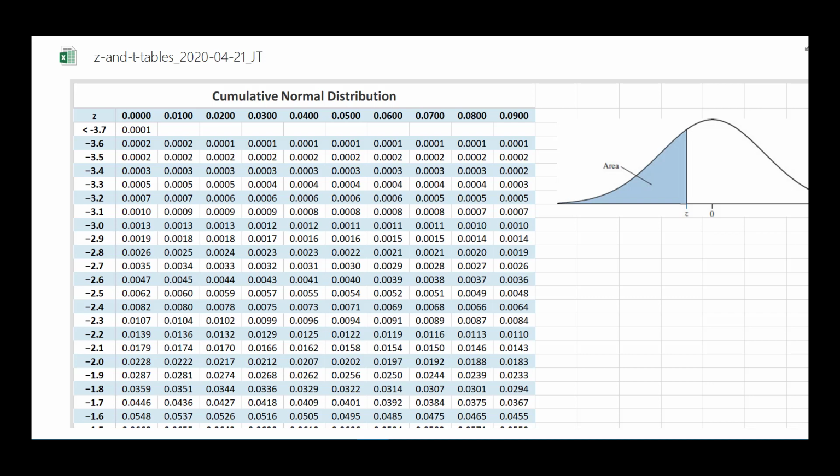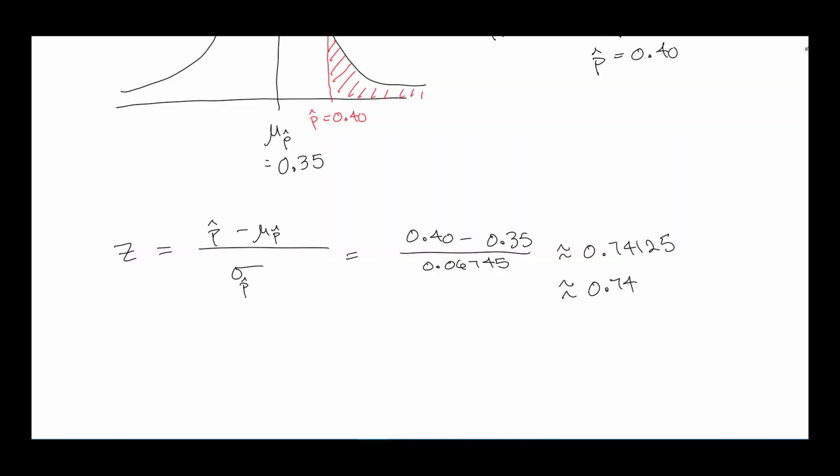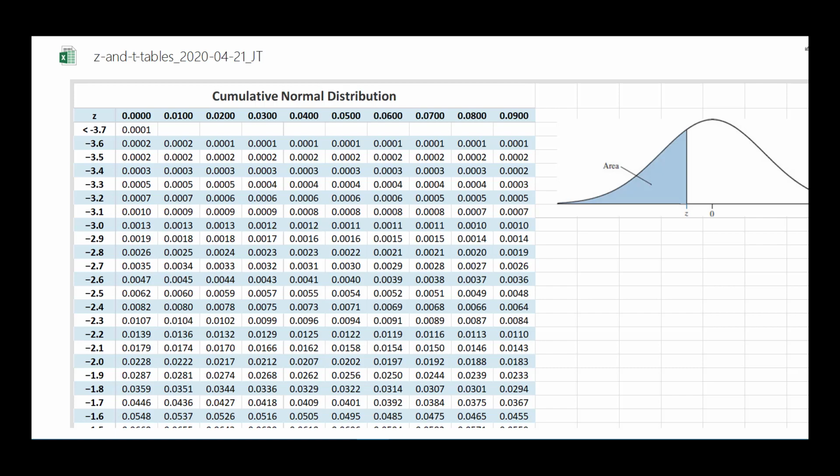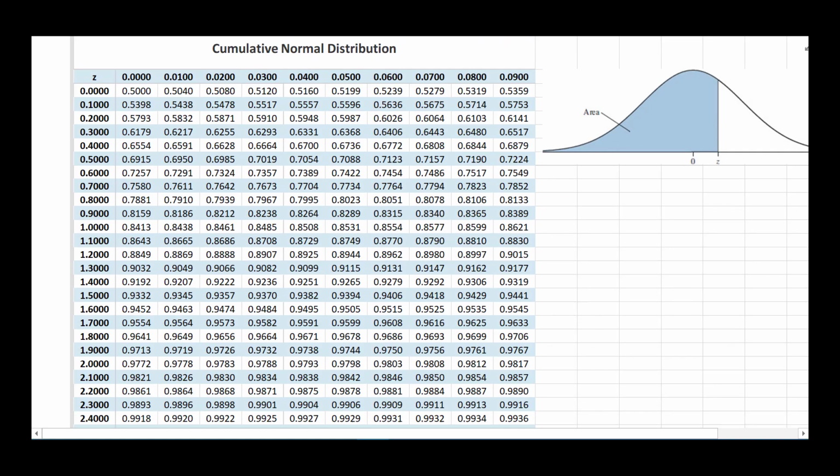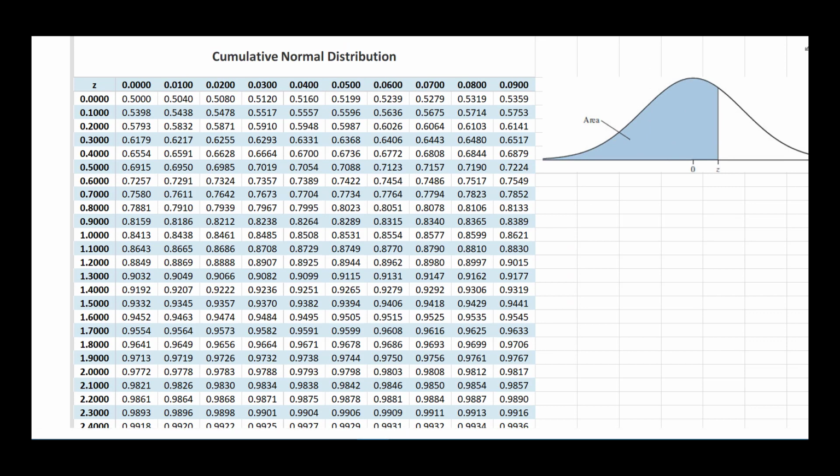I already forgot what it was. 0.74. So I find my z-value of 0.74. Those are the negative z's. I want a positive z. So I want 0.7 and then 0.04. So that is going to give me 0.7704.